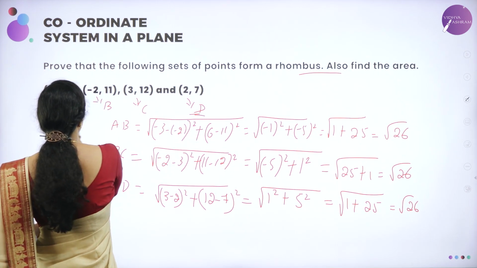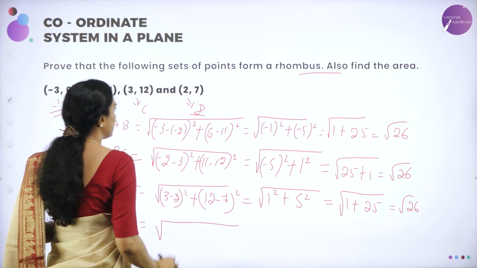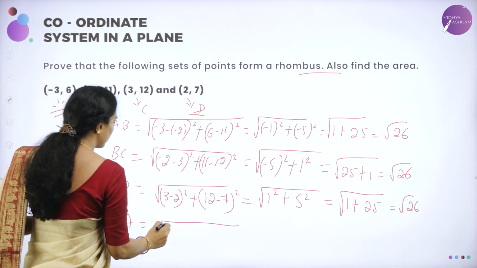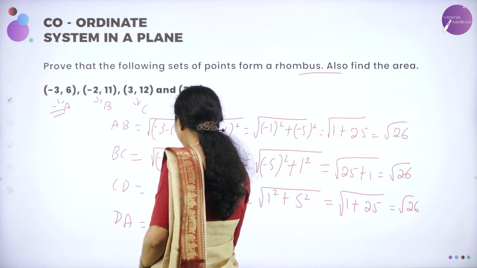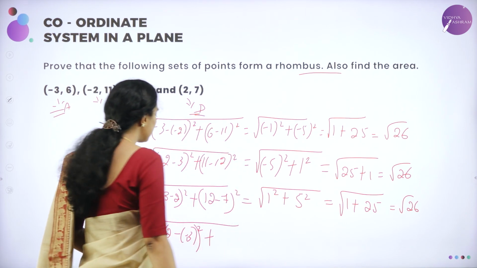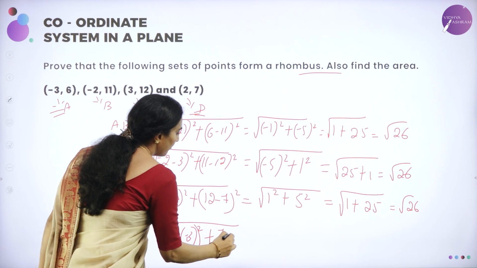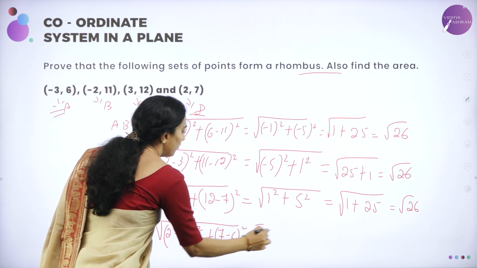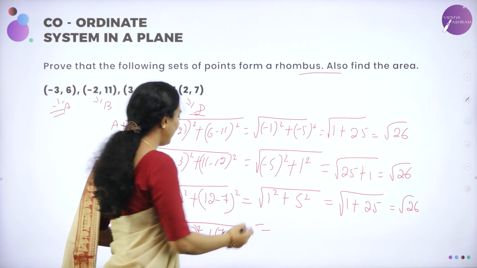DA will be the square root of (2 minus of minus 3) whole squared plus (7 minus 6) whole squared. What is 2 minus of minus 3? 5.